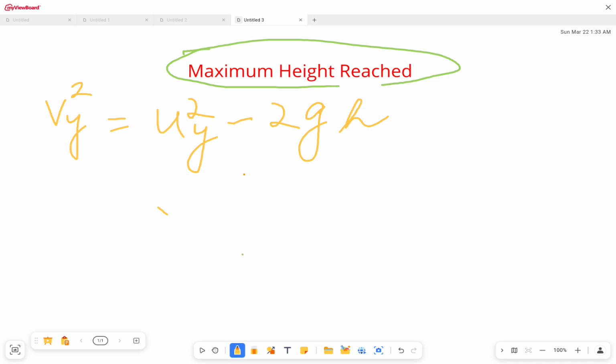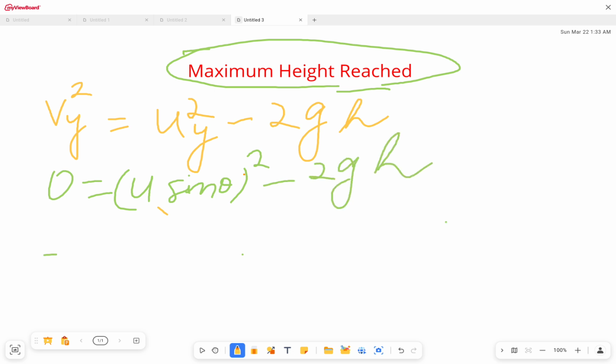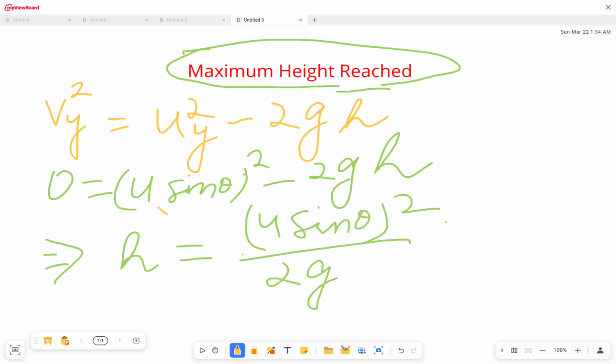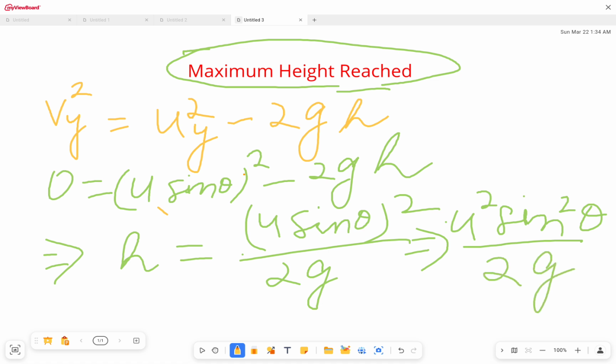Since Vy at the point m is 0, it equals u square, meaning the initial velocity in the y direction, which was u sine theta, whole square, minus 2g h. We can simplify it as height equal to u sine theta whole square by 2g, equal to u square sine square theta by 2g.